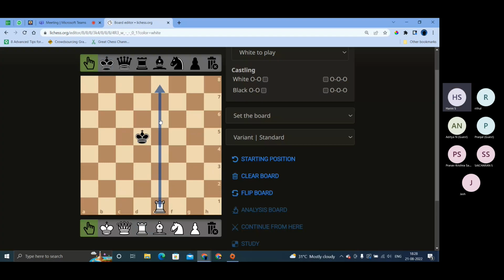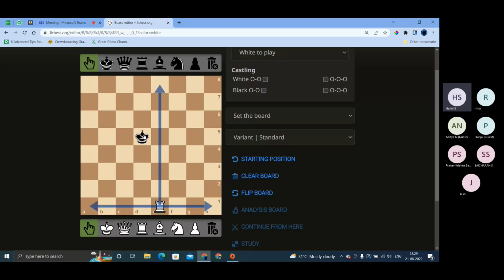It can go in this E file, and it can also go in the first rank. So that is how we learned, right? Which means these are the empty squares on the rook's path, on the rook's way.